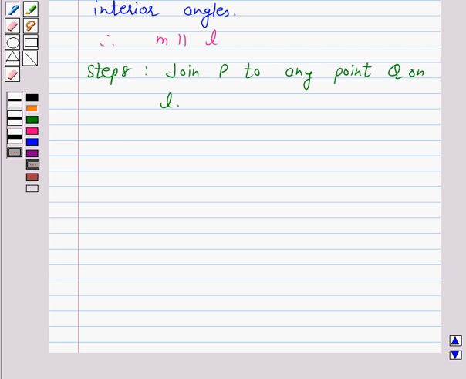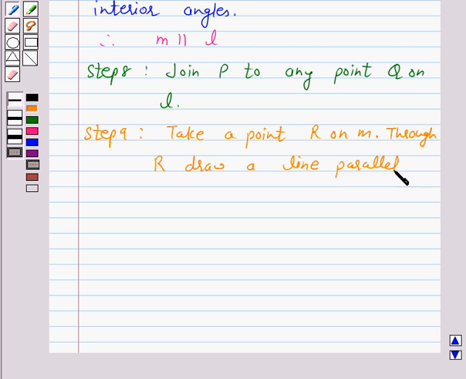So our next step is, take a point R on M and through R draw a line parallel to PQ.